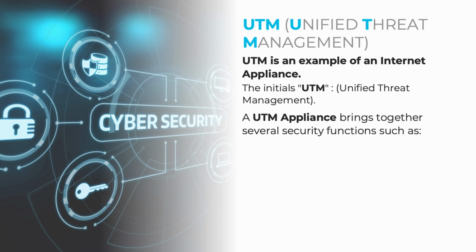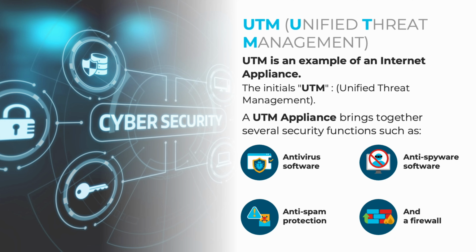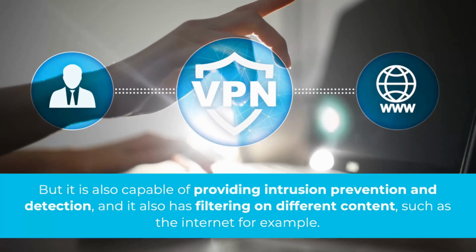A UTM appliance therefore makes it possible to combine several security functions, such as antivirus software, anti-spyware software, anti-spam protection, and a firewall, but it is also capable of providing intrusion prevention and detection, and it also has filtering on different content, such as the internet, for example.